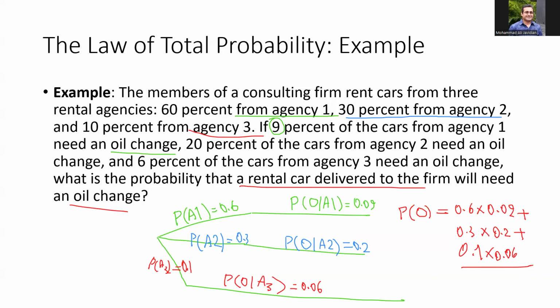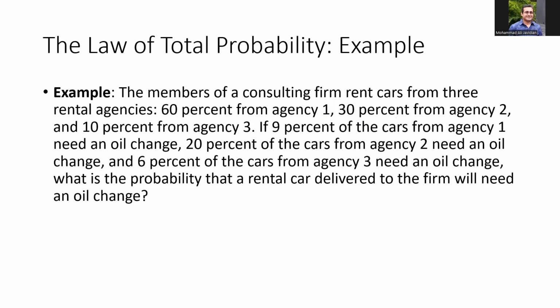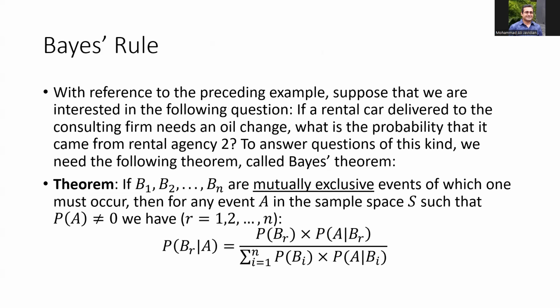So you're ready to define another rule, which is very important in statistics and also in the data science course, which is Bayes rule. The Bayes rule is the way that you can compute the probability of a subclass given that event.